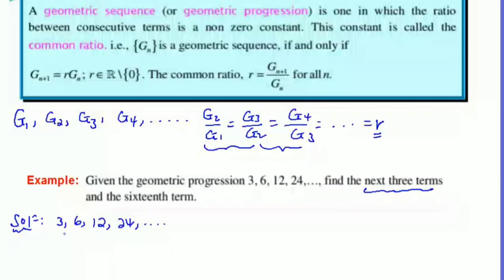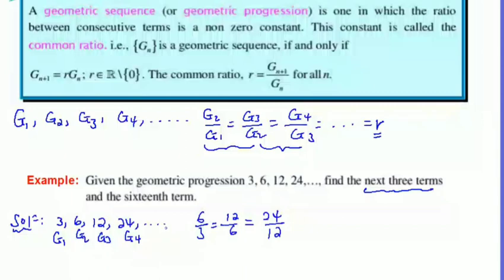Look at this. The ratio between the consecutive terms is the same. 6 over 3 is the same as 12 over 6, which is the same as 24 over 12. So you can assume 3 is G1, 6 is G2, 12 is G3, and 24 is G4.